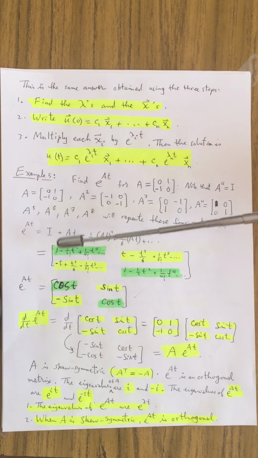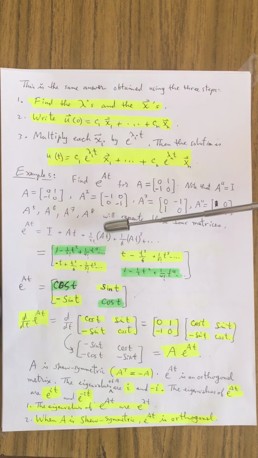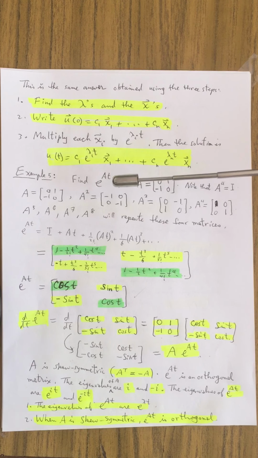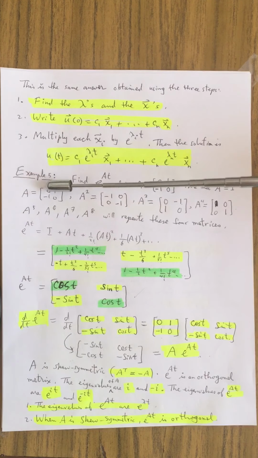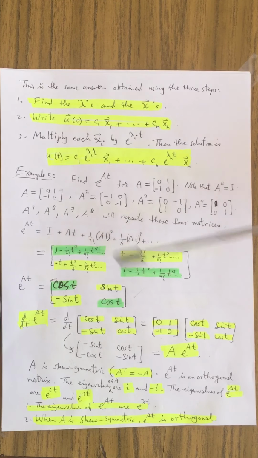It has contributions from I and from A squared t squared, because A has 0 in the first term, and then from t to the 4, because of 0 in A cubed in the first term. So what we find here is that this is the series for cosine t.